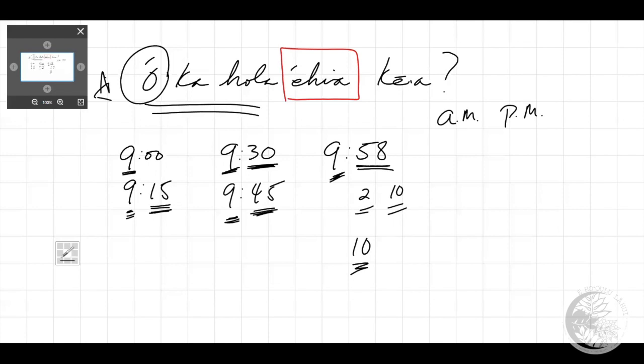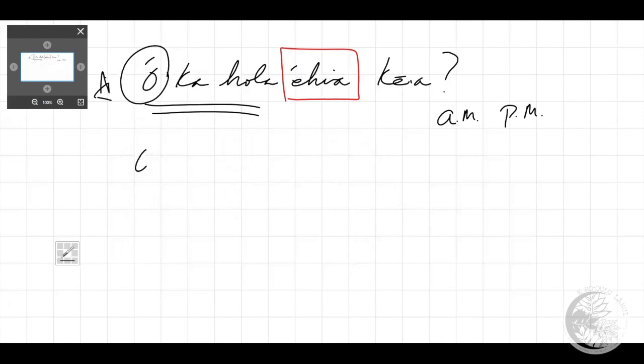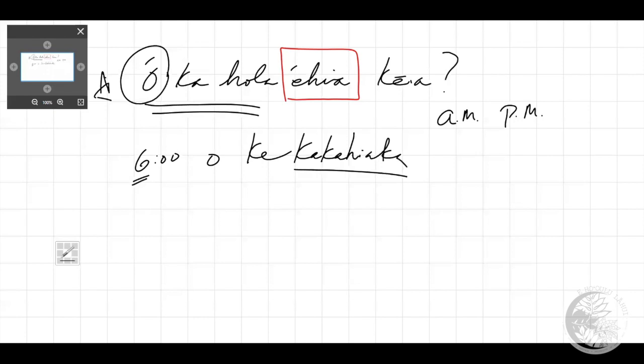expressions of time. So if I wanted to say, for example, 6 o'clock in the morning, or in English you would say 6 a.m. In Hawaiian you would say, o ka hola eono o ke kakahiaka. Of the morning, o ke kakahiaka. Now if I want to say, maybe it's 11 a.m., this would be probably something like, ka hola umi kumakahi o ke awakea.